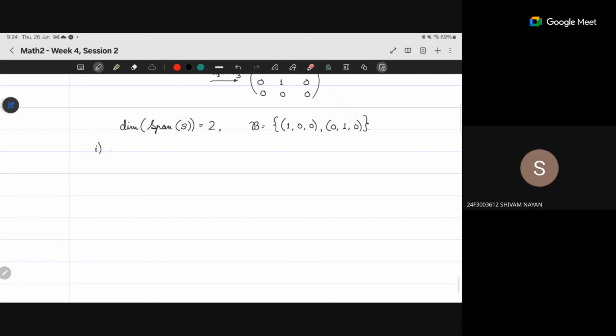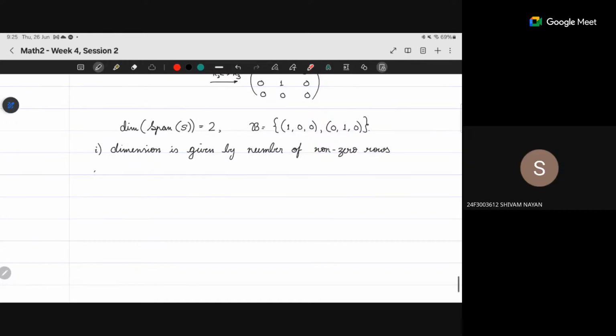So dimension is given by the number of non-zero rows, and basis is given by the non-zero rows.